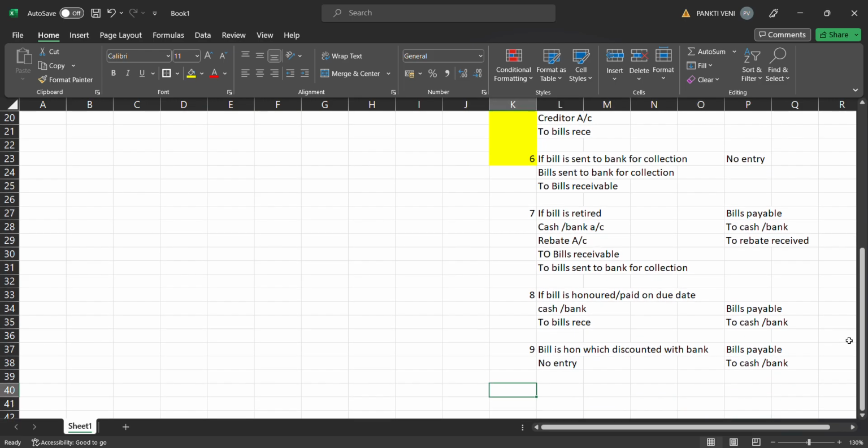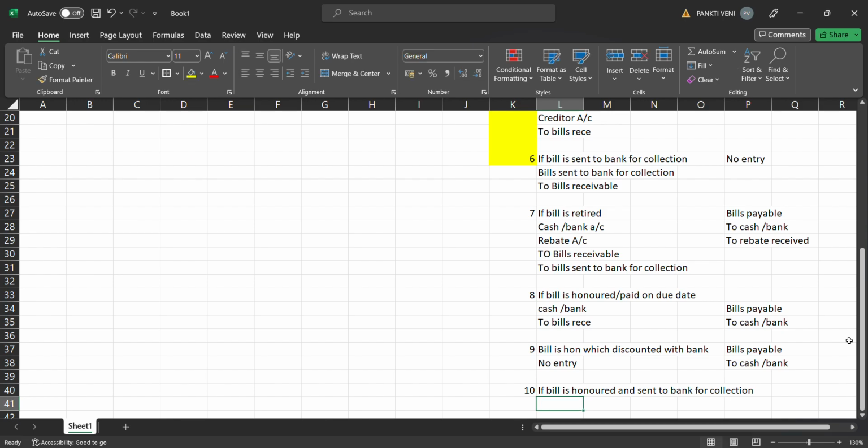So the 10th point you have: if the bill is honored, paid on the due date, and was previously sent to the bank for collection.